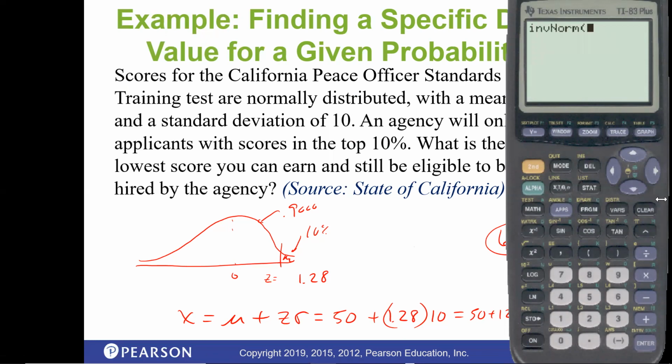Number 3, I want the 90th percentile, my mean is 50, and my standard deviation is 10. Close it off, click enter, and I love it. So all this time, Mr. Ngiev made us do this in 2 parts when we could have been doing it in 1 part. Mr. Ngiev, that's cruel. Maybe it is cruel.